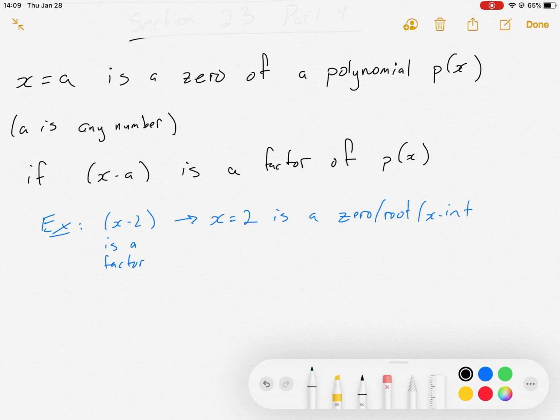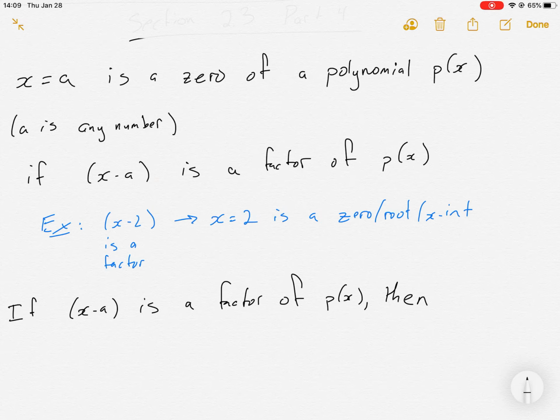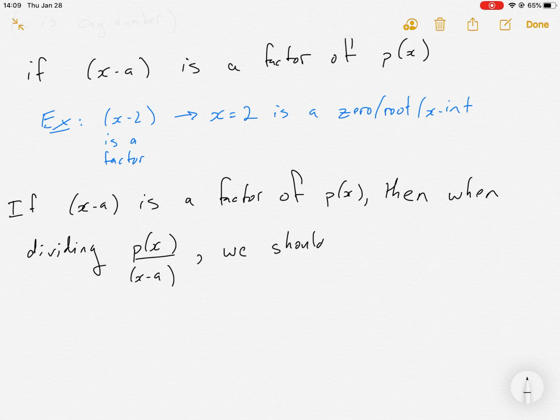Okay, now another fact we're going to use today is that if x minus a is a factor of a polynomial p of x, then when dividing p of x by x minus a, we should end up with a remainder of 0.